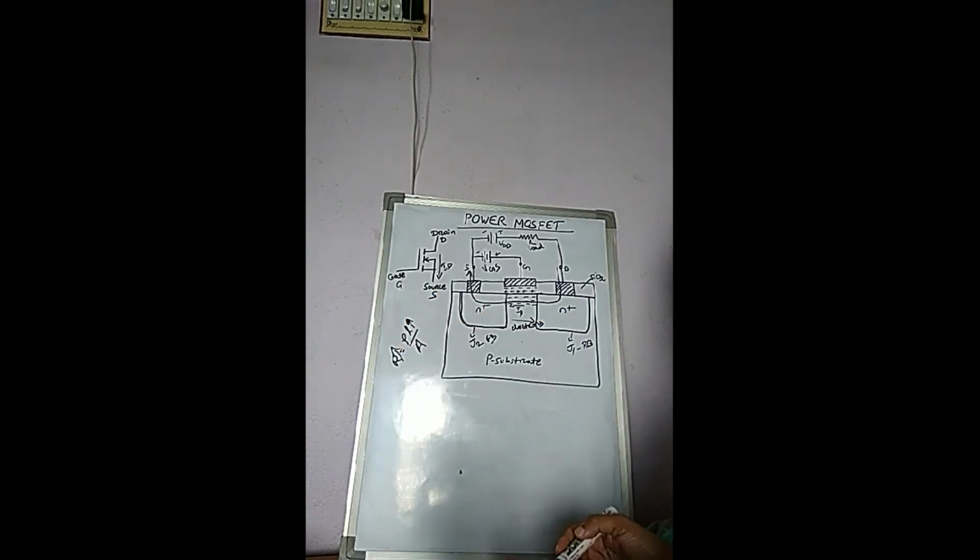So if the length of this N channel is large and the depth is also large, there is a formation of large on state resistance, and this leads to high power dissipation.